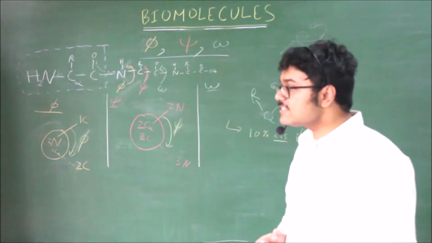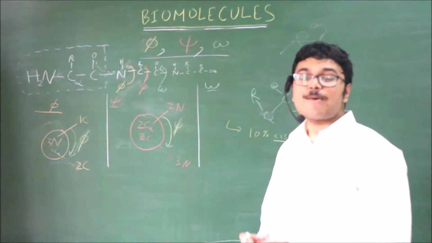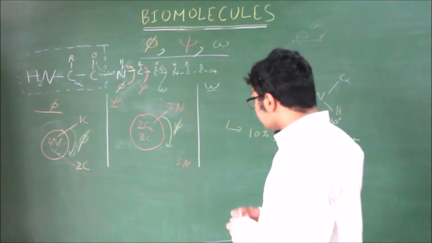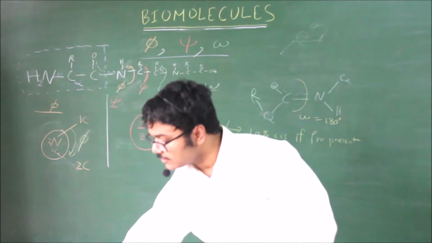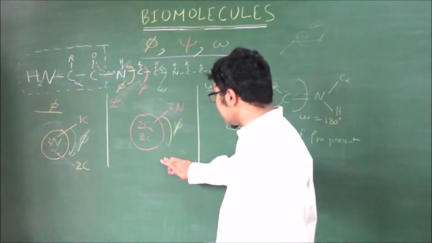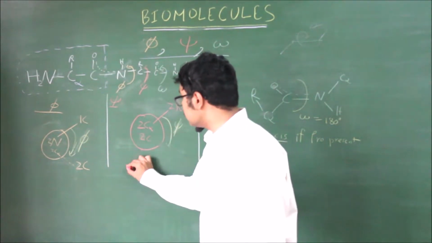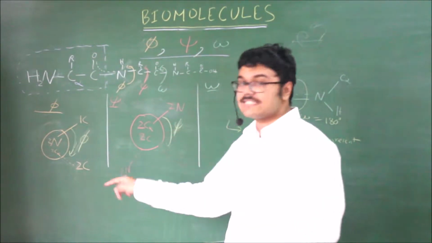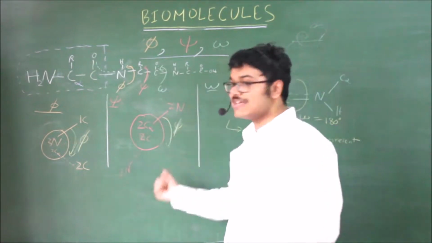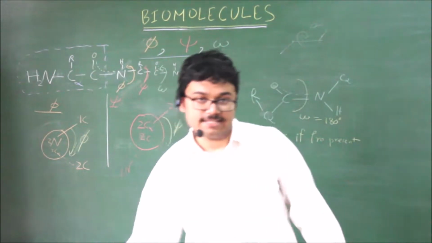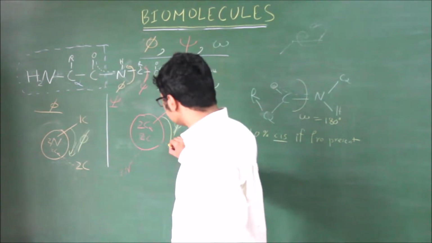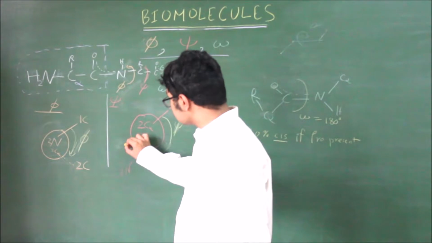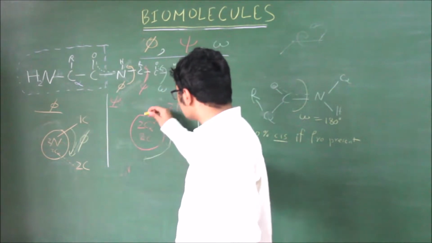Now you must understand that these angles have a maximum magnitude limit of 180 degrees. If the 3N was somewhere here, and I went in the clockwise sense, then I would get an angle that is more than 180 degrees.